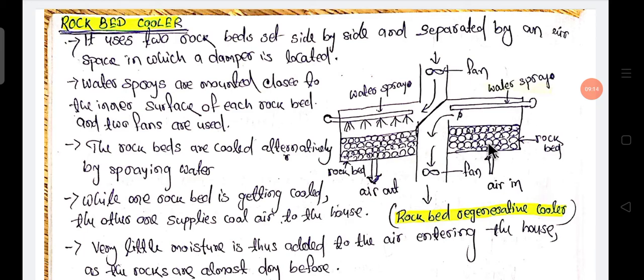These two rock beds work alternately. That means if this bed is used, then the other bed is cooling, and if the other bed is used, this bed is cooling.